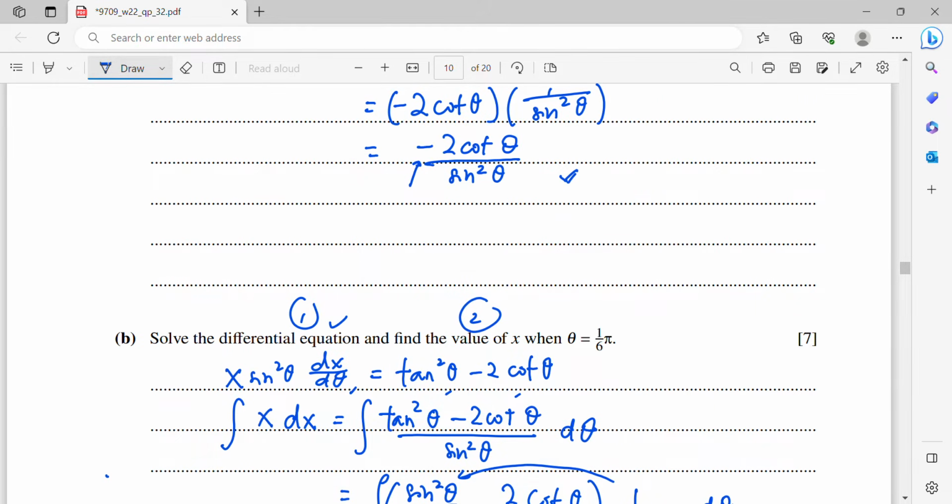So that is our first part. Now find the value of x when theta equals pi over 6.